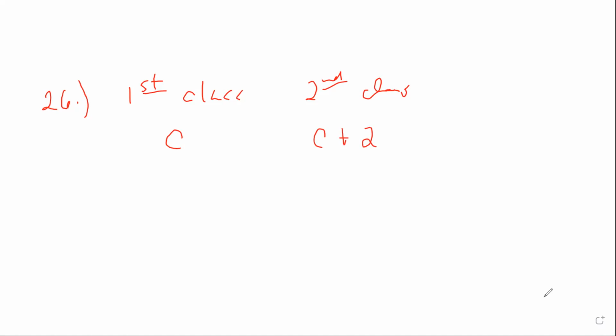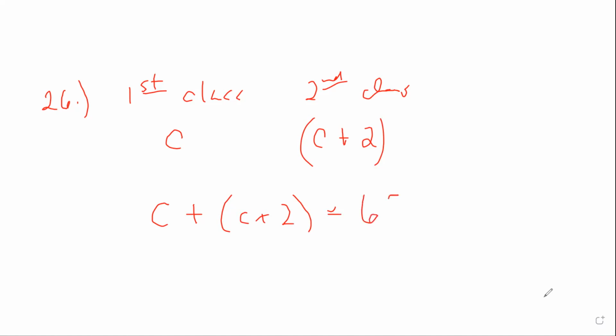Now, we know that the sum of the two classroom numbers is 654. So I'm going to take C, my first class, and add it to my second class, which is C plus 2. Again, we don't need the parentheses; I just put them in there to signify that's our second classroom number.